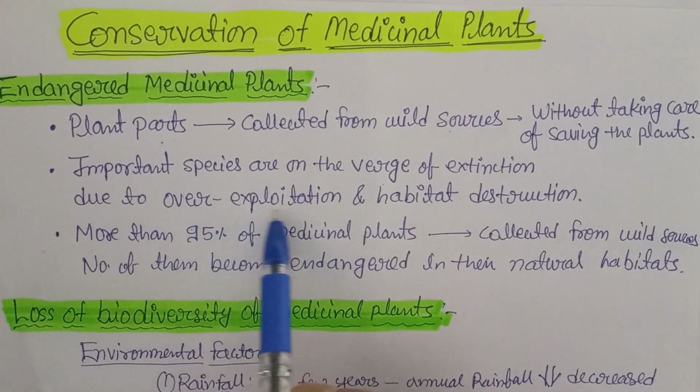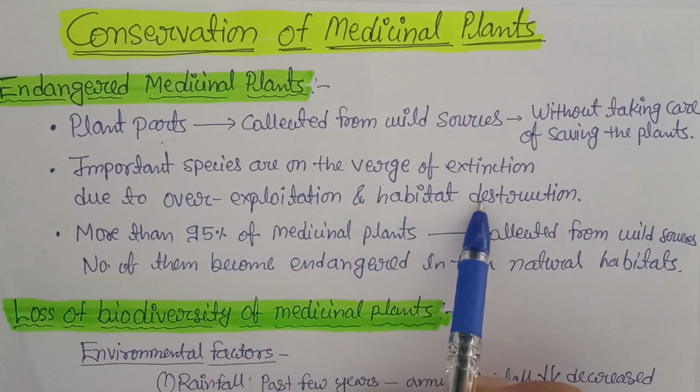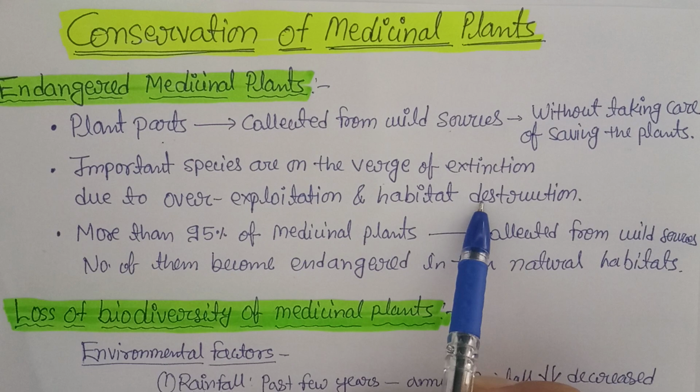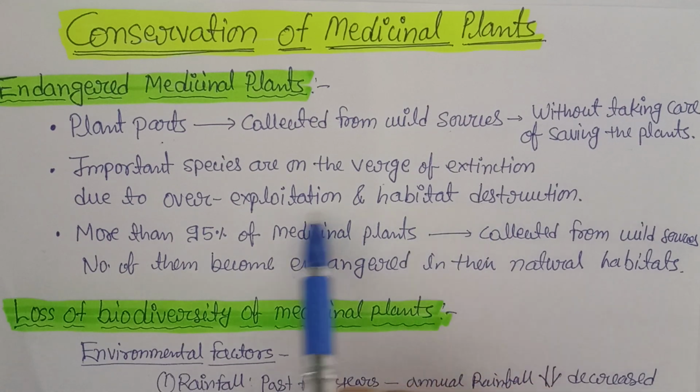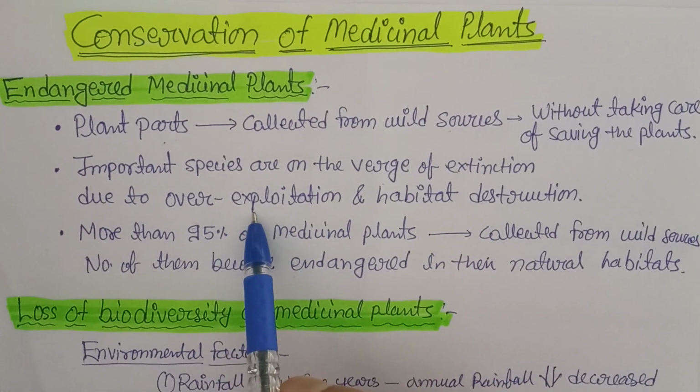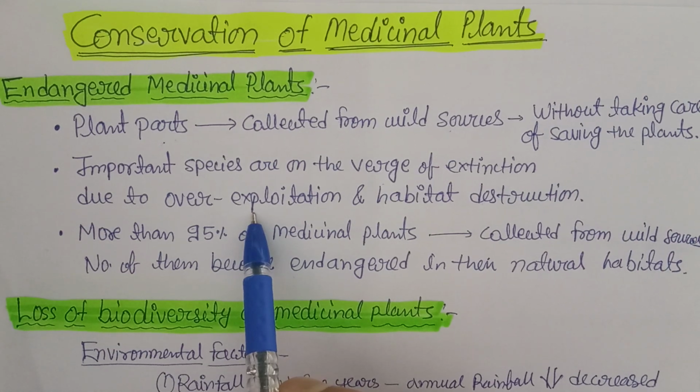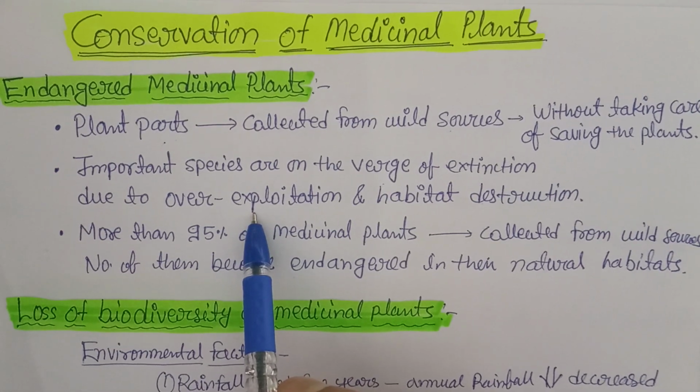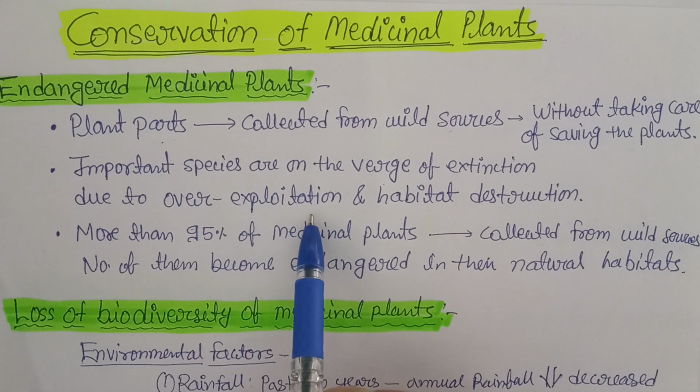This is due to over-exploitation and habitat destruction, maybe by natural hazards like storms, floods, earthquakes, landslides. Or they have been taken frequently from the wild sources, but at the same time we have not thought about how they are going to grow for the next season. That has happened, the over-exploitation has happened.